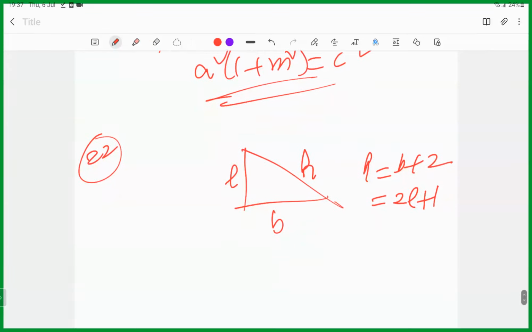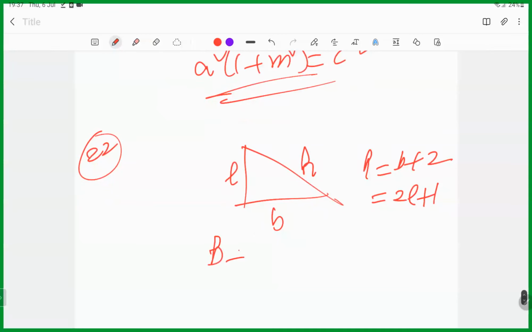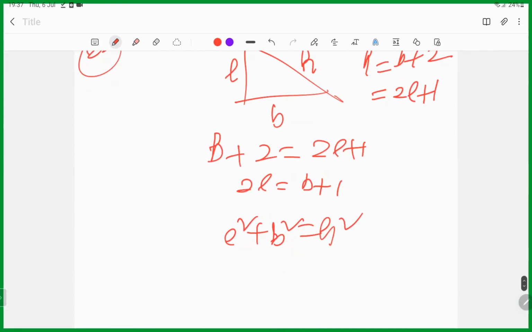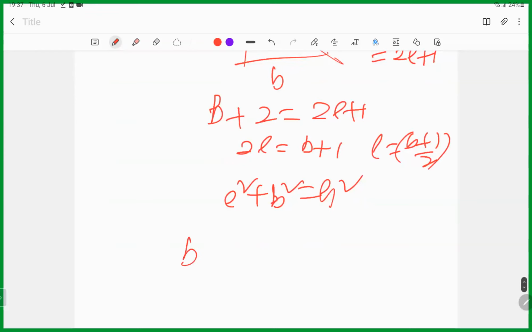Now from this, if you equate both of them, what will happen? b plus 2 equal to 2L plus 1. So 2L equal to b plus 1. Is that right? And we know that L square plus b square equal to h square. Now substitute L equal to b plus 1 by 2. Substitute that one here, b plus 1 by 2 whole square plus b square equal to h square.